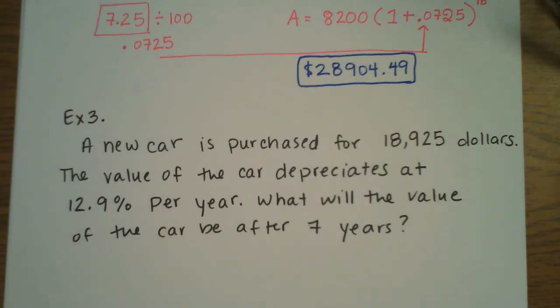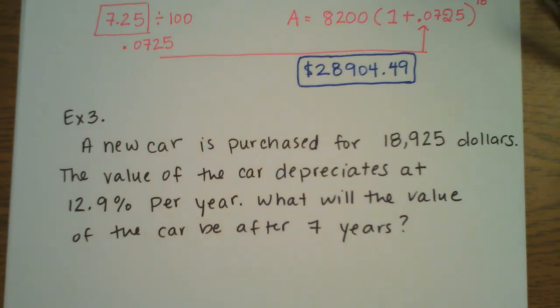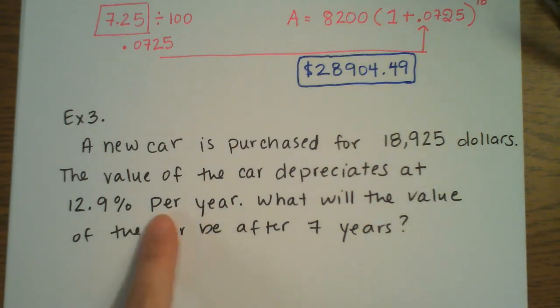So Jeremiah asked about this per year right here, and they're saying that because we're using the basic formula. There is a more complex formula that compounds the percentage rate more than just one time per year, so we have to take that into account. So this is just simple math.